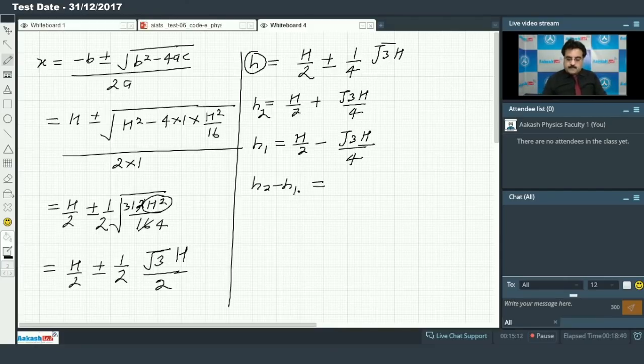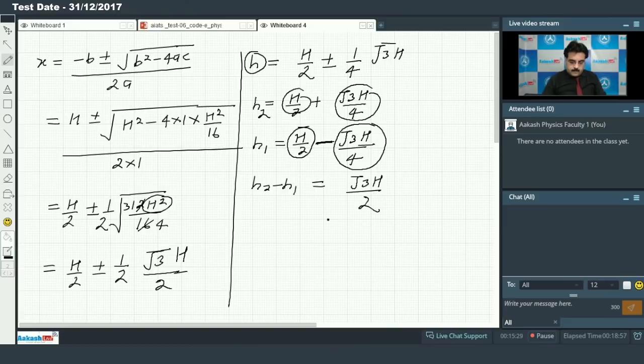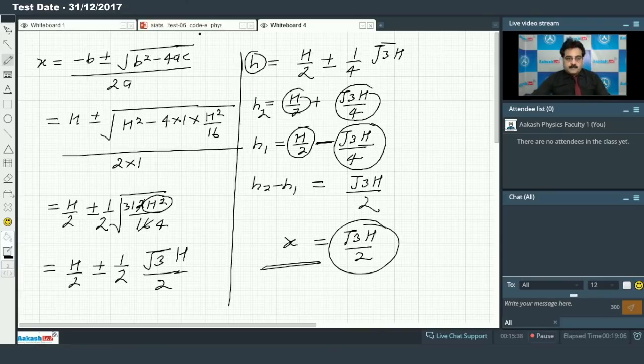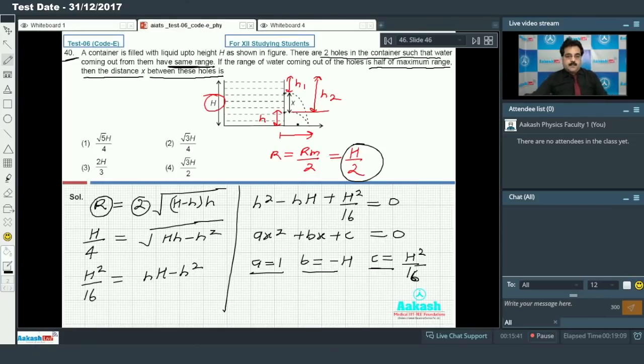So h2 minus h1, when you subtract, H by 2 and H by 2 cancel out and this minus sign becomes plus. So root 3H by 4 and root 3H by 4 add up, then you will get root 3H by 2, and this is the value of x, root 3H by 2. So by this calculation we can say that my option number 4 is correct. So let's move on, question number 41.